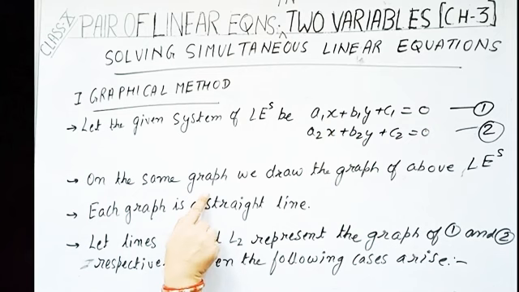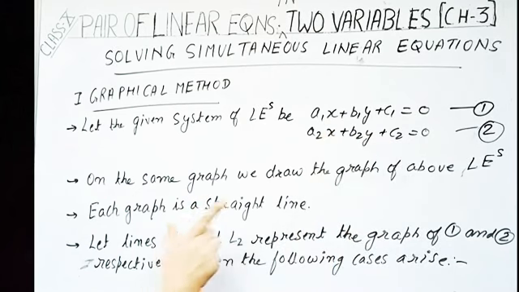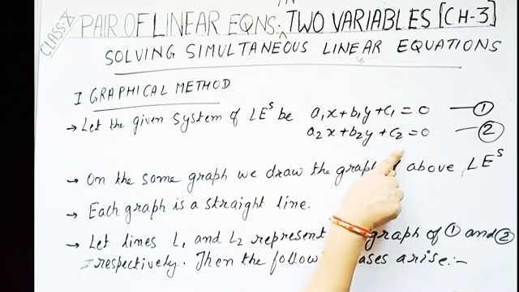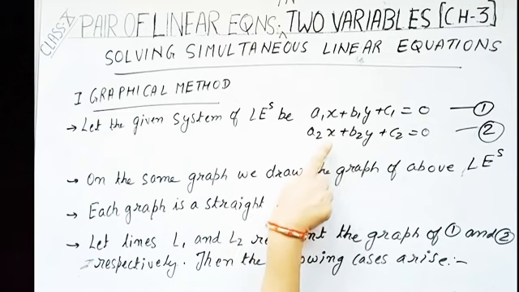Now on the same graph we will draw the graphs of the above two linear equations. Obviously, since it is a linear equation, the graph will be a straight line. Since we have drawn the graphs of both equations on the same graph, we will get two lines. Let the lines L1 and L2 represent the graphs of equations 1 and 2 respectively. Then the following cases will arise.